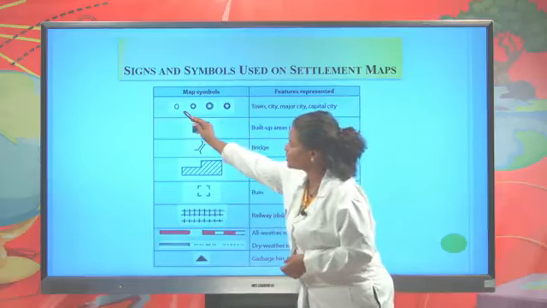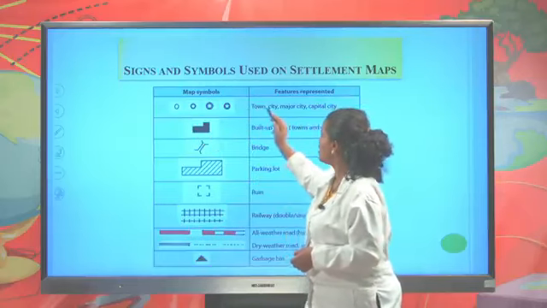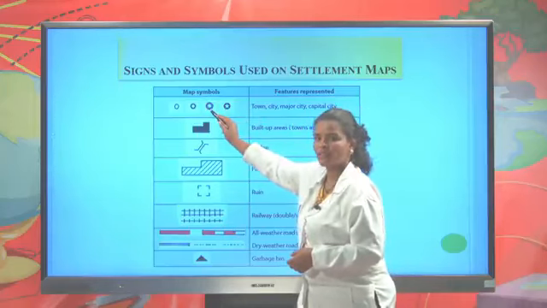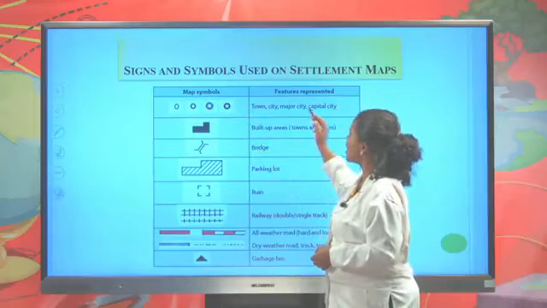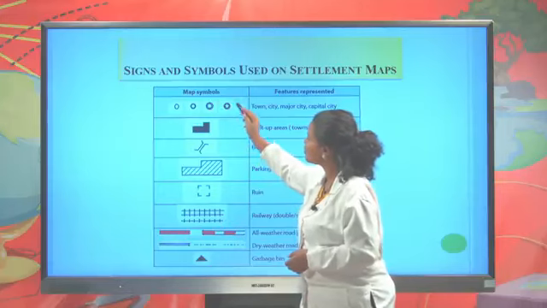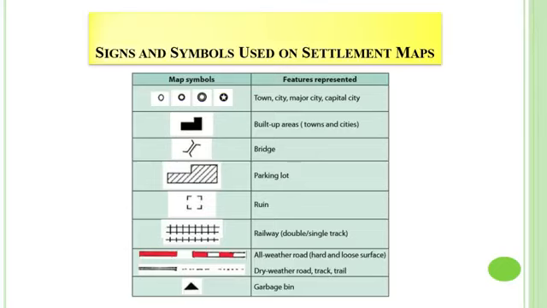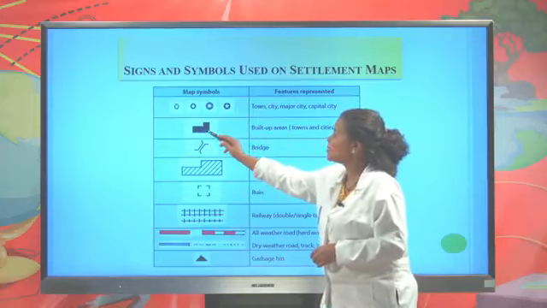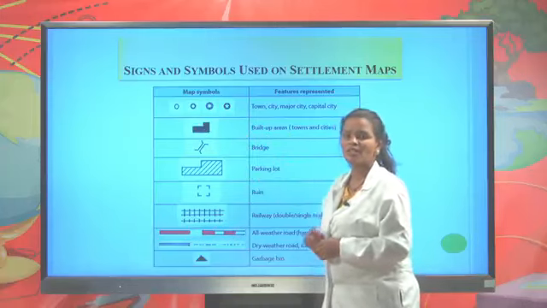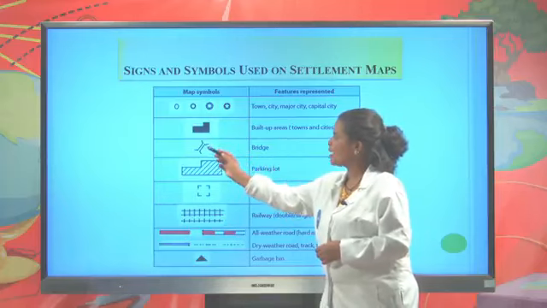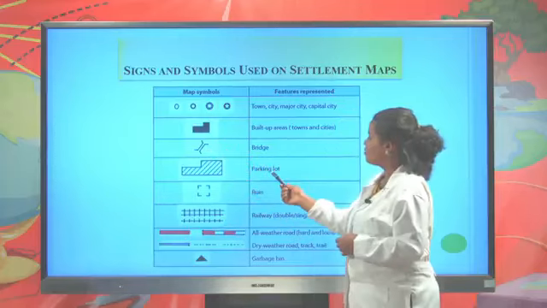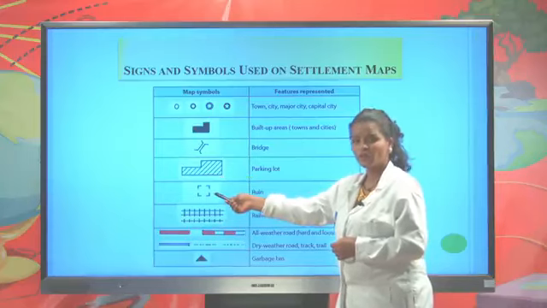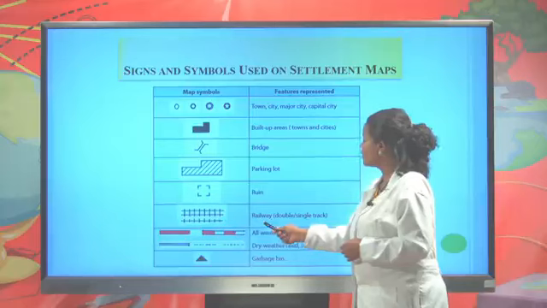The town is represented by this symbol, city by this symbol, major city by this symbol, and if you see this symbol, it represents the capital city. Built up areas on the map are represented by this symbol. Bridge is represented by this symbol. The symbol of a parking lot on the map is this one. This symbol represents railway.